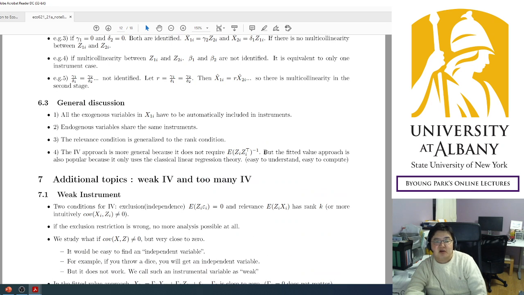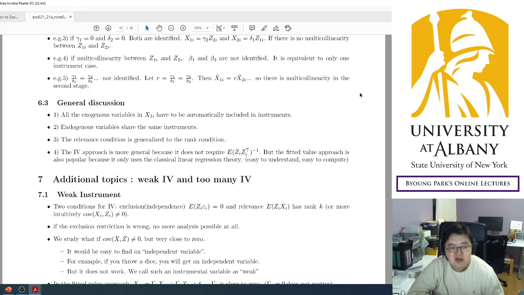But the fitted value approach is more popular because it's easier to understand and easier to implement, because you can just use classical linear regression methods repeatedly. So the fitted value approach is also very popular in applied work, but the moment approach, the IV approach, is theoretically more general.